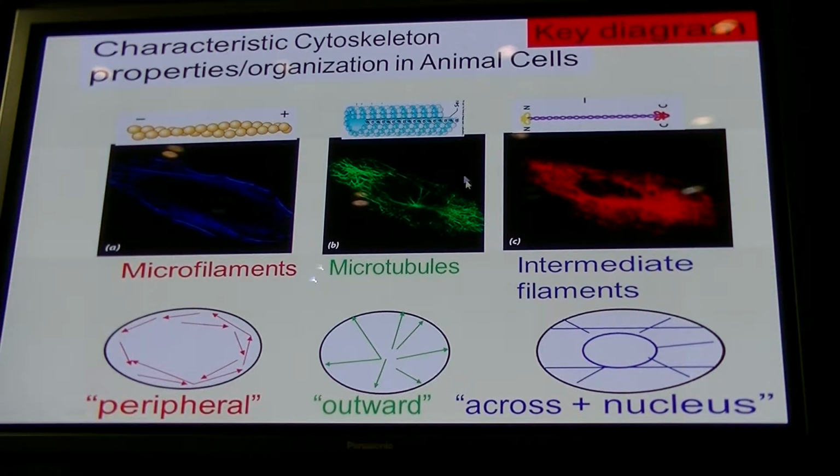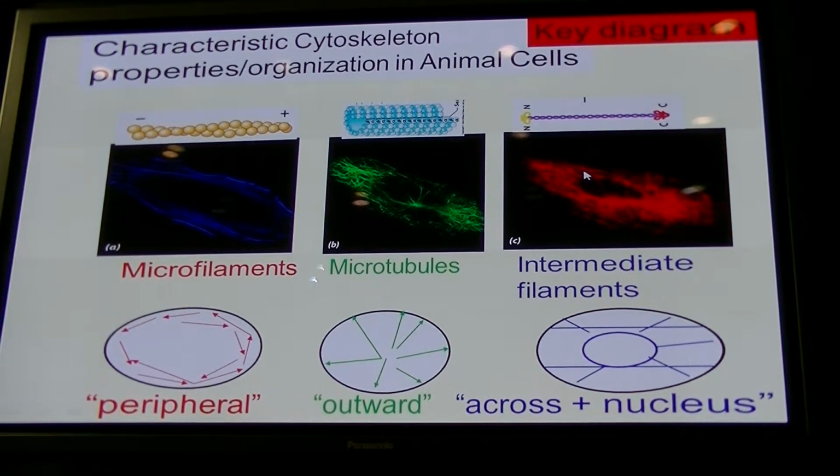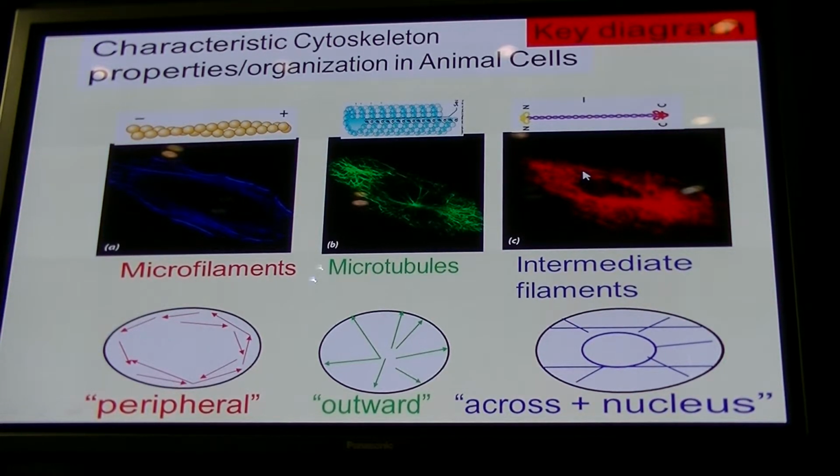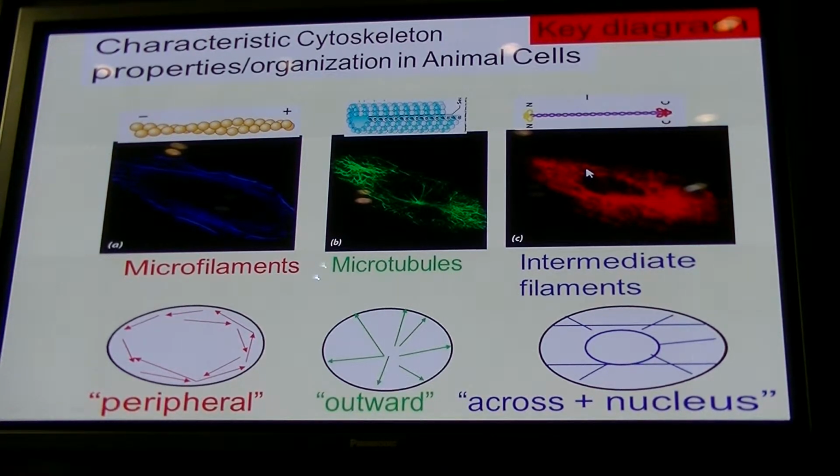I think it's visible in this fluorescence image. For the intermediate filaments, it's harder to say, but they tend to run across a cell. But we also know that there are filaments around the nucleus, or actually within the nuclear envelope. They kind of surround the nucleus.